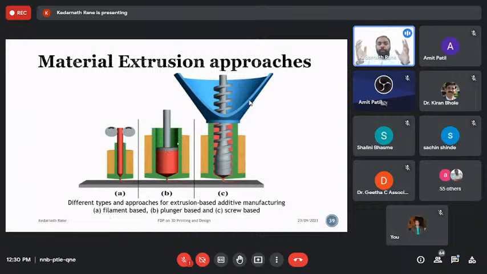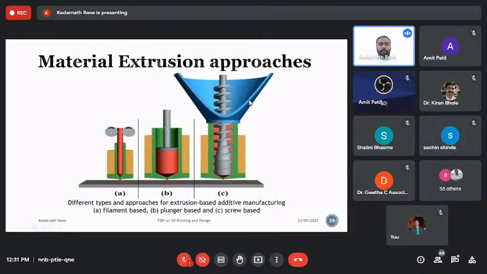So you have a hopper, you put the material in, and then the plunger pushes the material in a controlled manner. You can use very high power to extrude the material, but the limitation is the size or the volume of the material. Here, if your spool is finished, you need to load the spool of filament again.